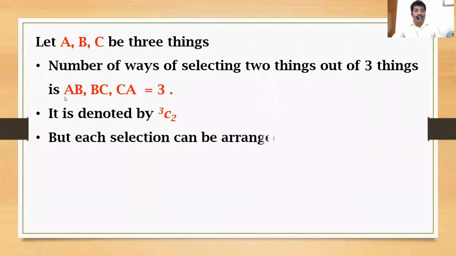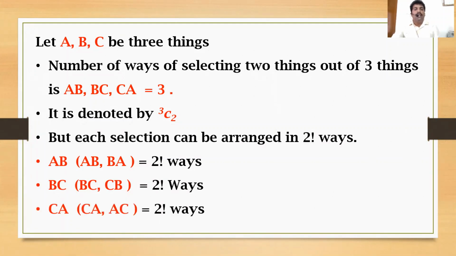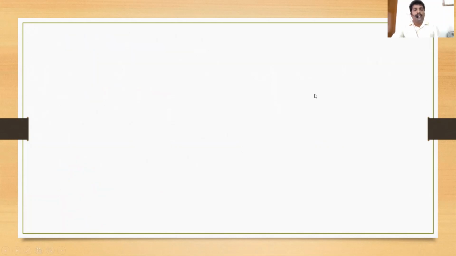Now, each selection AB can be arranged as AB, BA. BC can be arranged as BC, CB. CA can be arranged as CA, AC. So the total number of ways of arranging these is 2 factorial into 3C2.